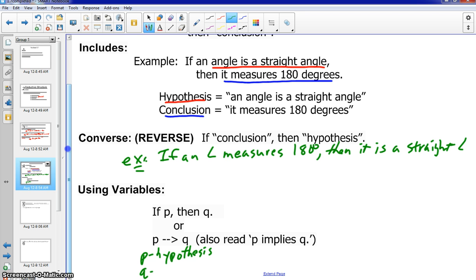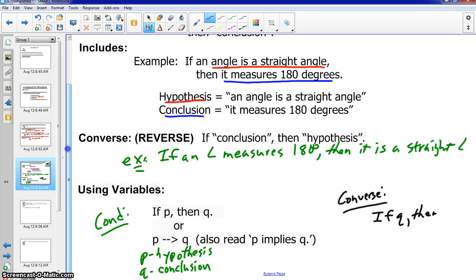Q is our conclusion. And this is our conditional statement. If we then want to write the converse, again we switch the hypothesis and the conclusion, so it would be if Q, then P, or in other words, Q implies P.